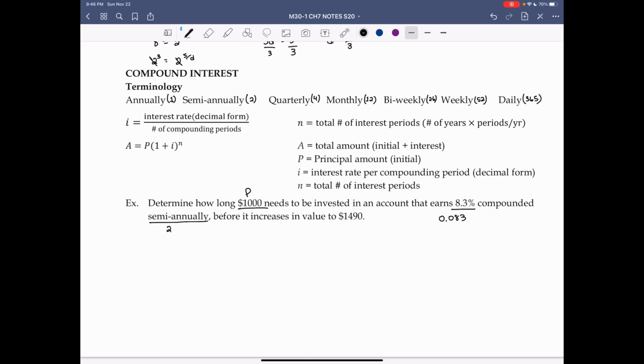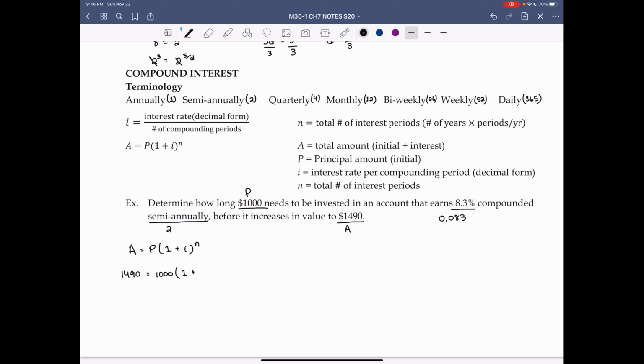And we want to know how long it will take to increase in value to $1,490. Our formula is A equals P times (1 plus i) to the power of n. Our A is the total amount, which is the $1,490. So we have $1,490 equals our principal amount, 1,000, times (1 plus i).